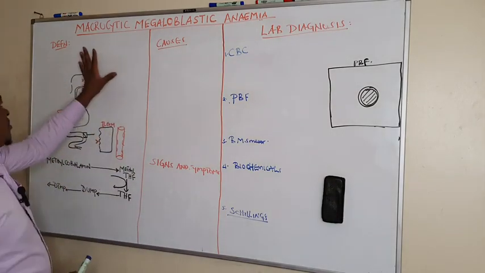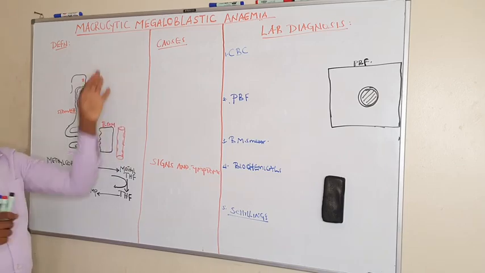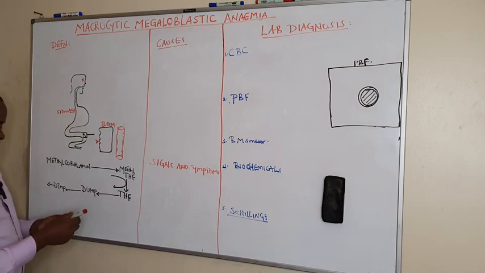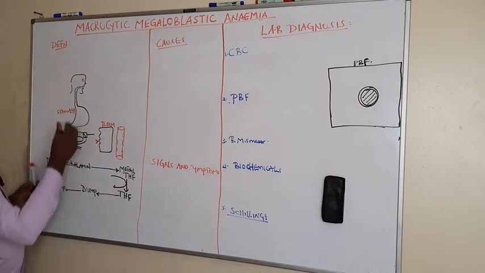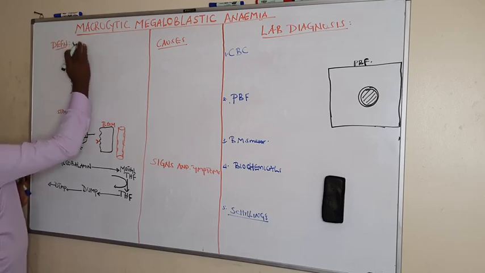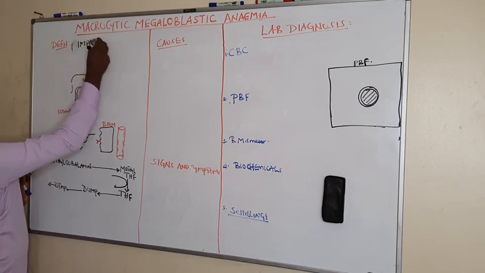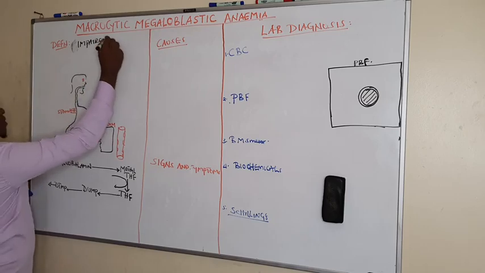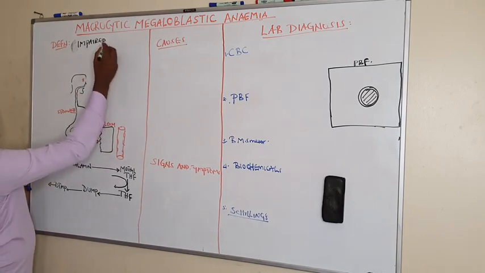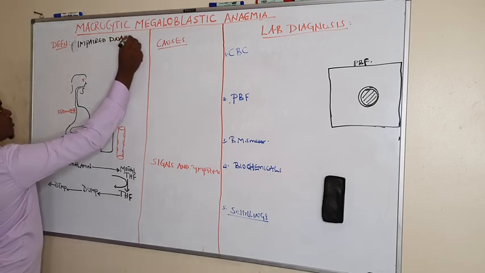So megaloblastic anemia, which is a type of macrocytic normochromic type of anemia, is characterized by impaired red cell maturation, or what we can say impaired DNA synthesis.